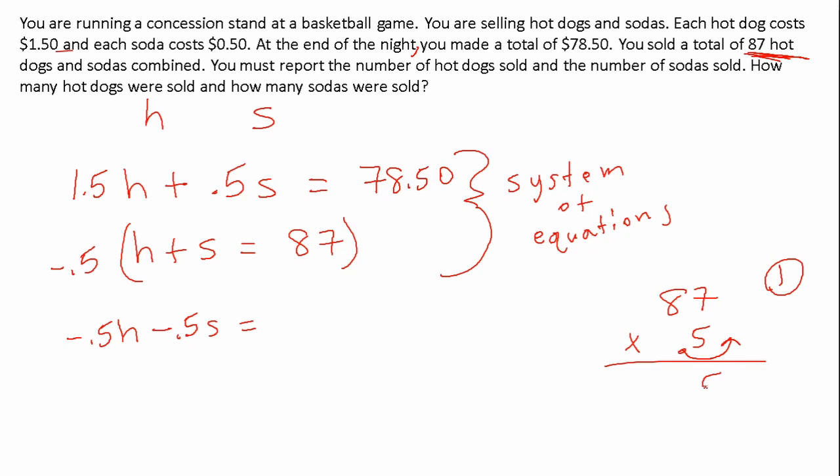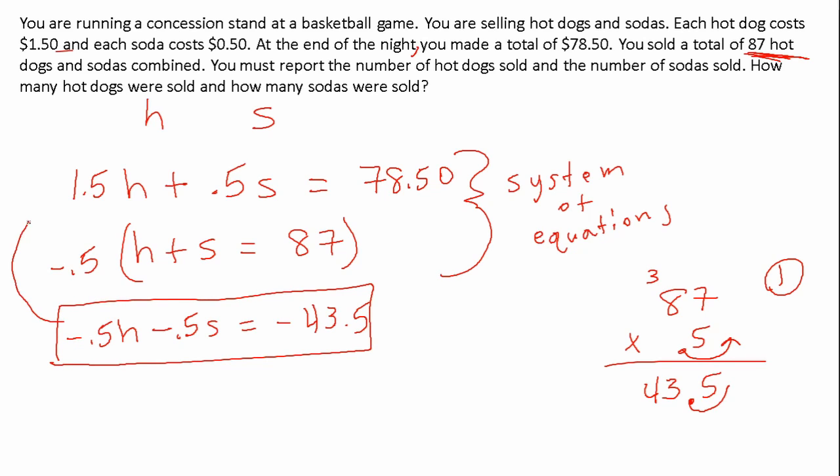7 times 5 is 35, carry the 3. 8 times 5 is 40, plus 3 is 43. Shift our one decimal back in. So this is negative 43.5. And as I said, to get rid of this variable S, I'm going to take this new equation and add it to this first equation. So that's going to look like this. 1.5H plus 0.5S equals 78.50.